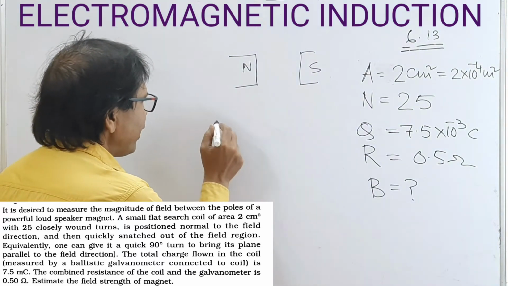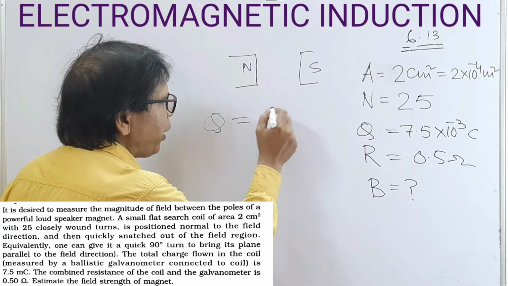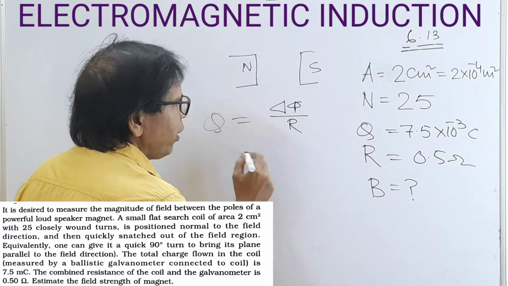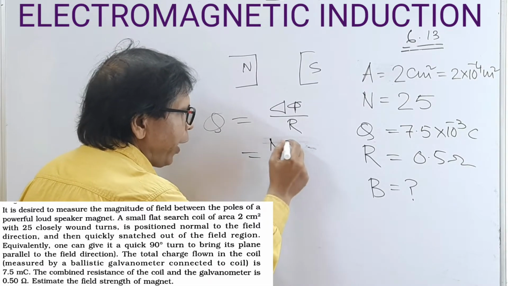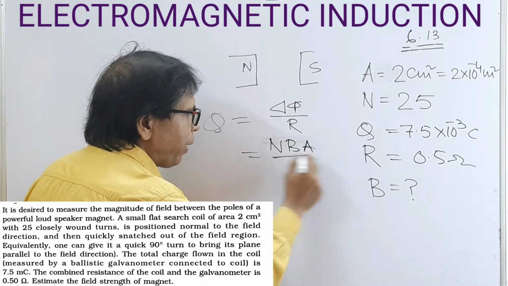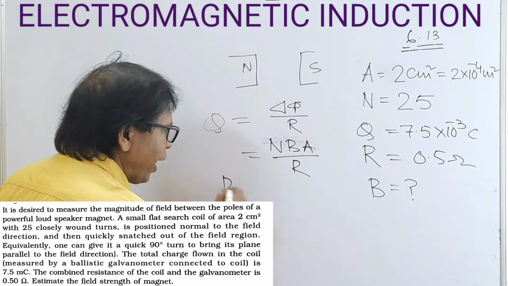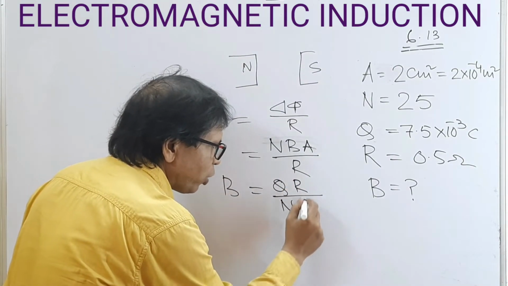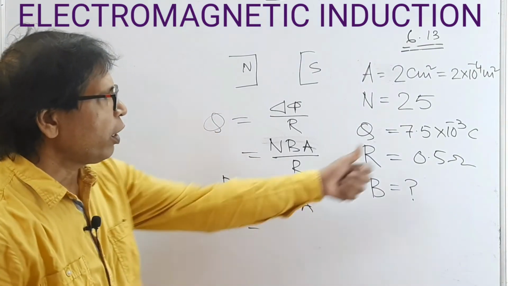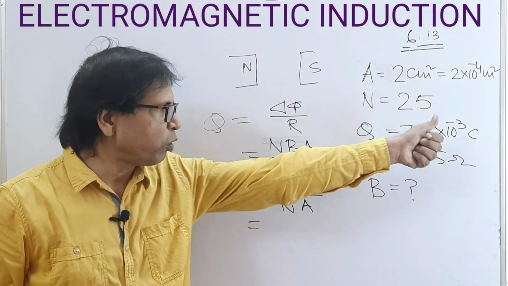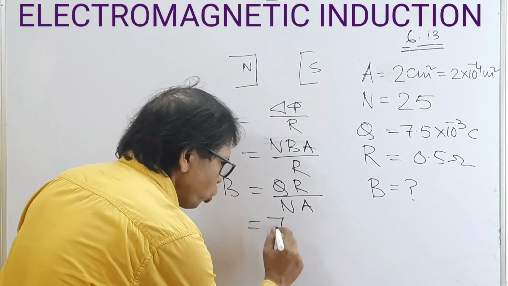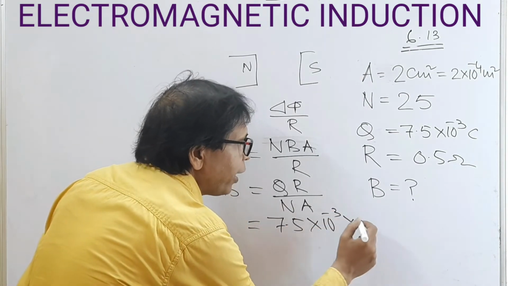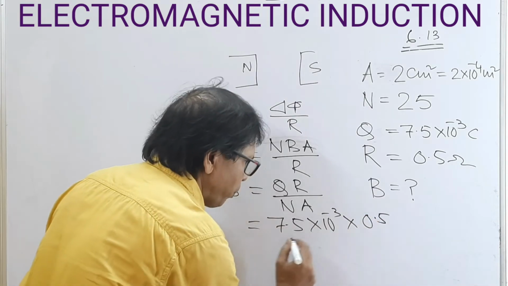We know the charge Q is independent of time, Q equals delta phi divided by R. Now delta phi equals NBA, so Q equals NBA divided by R. Now B equals Q into R divided by N into A. Now put the values. Q equals 7.5 into 10 to the power minus 3. Resistance R equals 0.5.